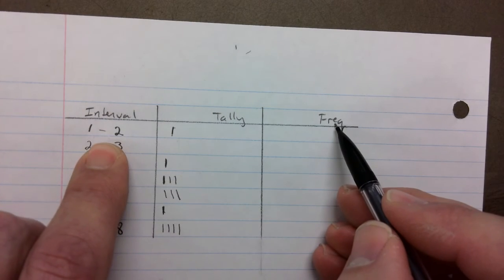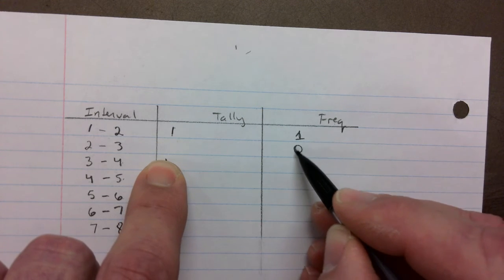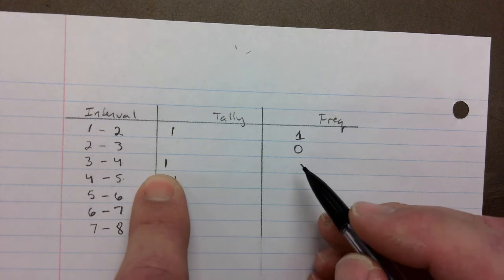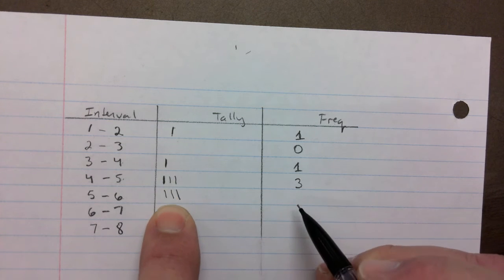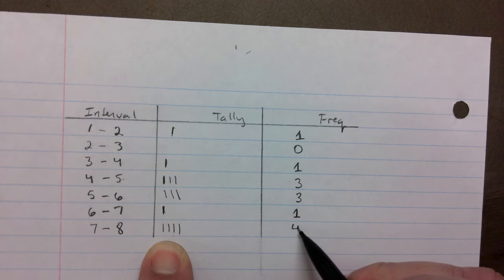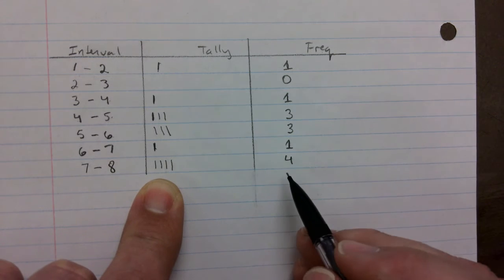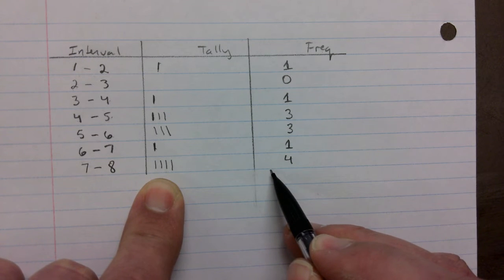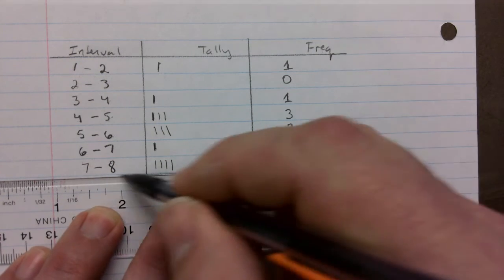Then you do the frequencies, basically you add it up. So there's 1 in here, 0 in that category. You have 1 in that one, 3 in that one, 3 in this one, 1 here, and 4 there. How many numbers should we have? I'll complete this table now that I've done all my work.